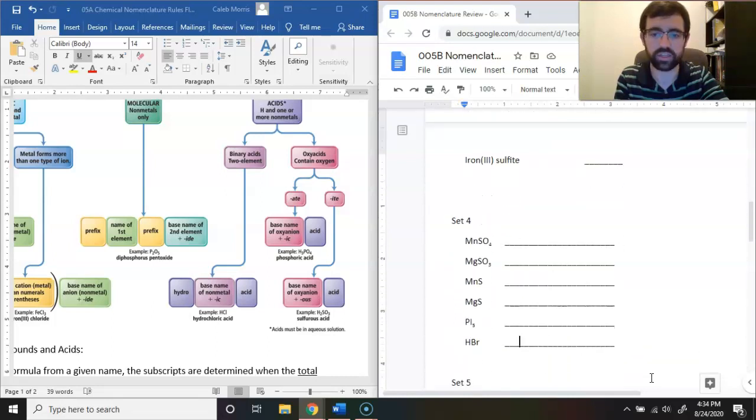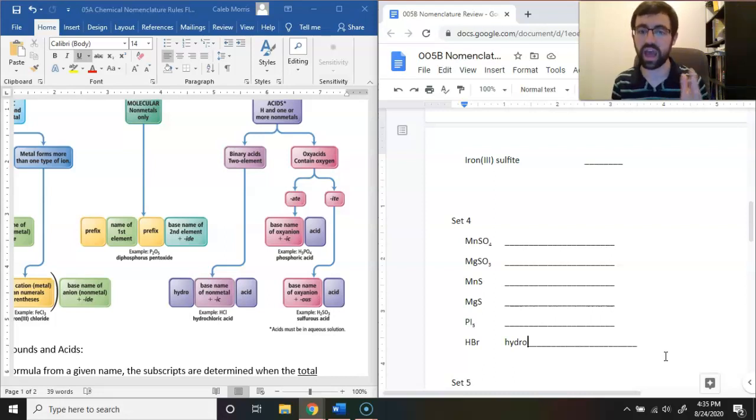How about this one? HBr. Well, that's a binary acid. So I'm going to put hydro at the beginning because it's only 2 elements. Now, if I was naming this as an ionic compound, I'd call it hydrogen bromide. So the ending is "ide." In the other sentence, my ride has hydraulics.